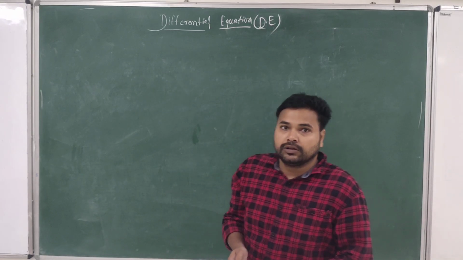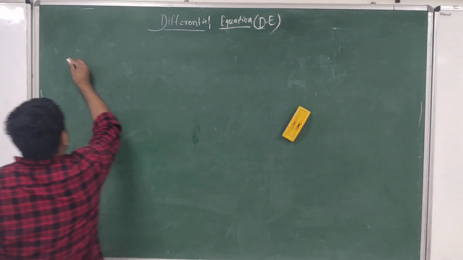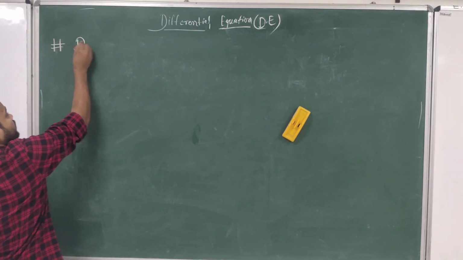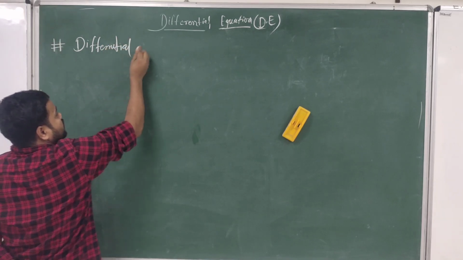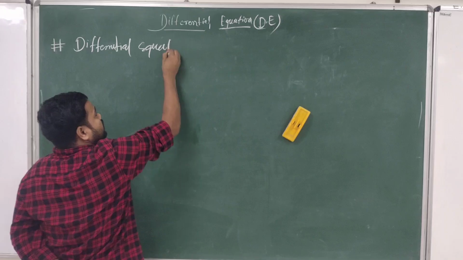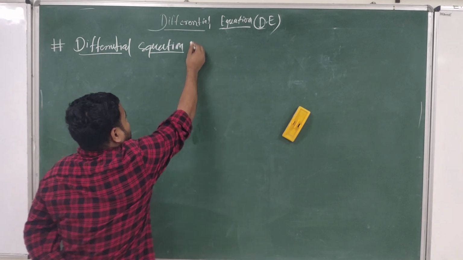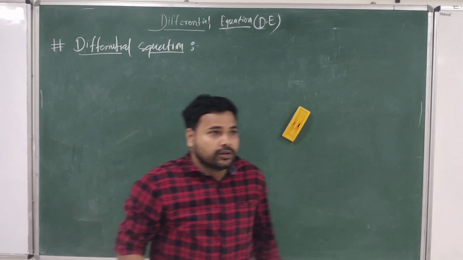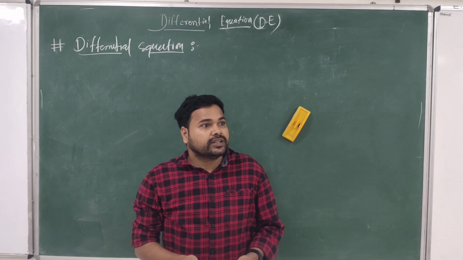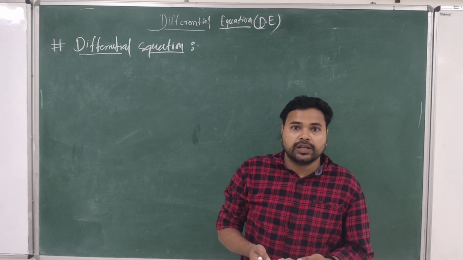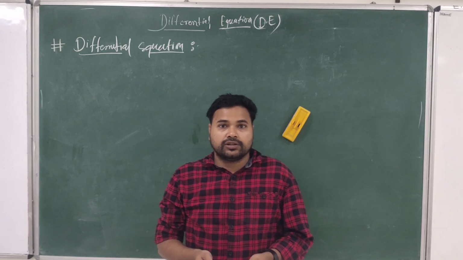Okay, now let's define the differential equation. An equation containing the dependent variable, the independent variable, and the differential coefficient of the dependent variable with respect to the independent variable is called a differential equation.